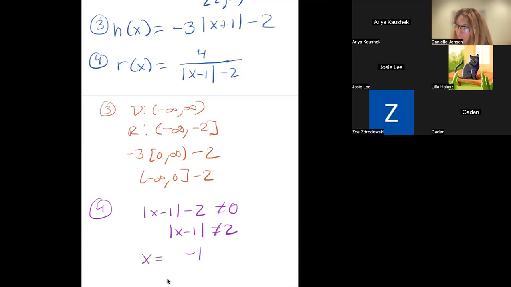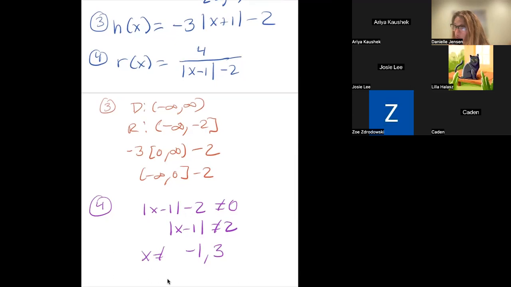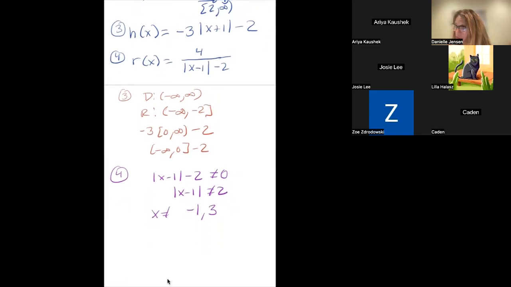Yes, x cannot be negative 1, because the absolute value of negative 2 is 2. That's a problem. And 3 would be the same. So there are two things x could not be. So the domain is negative infinity to negative 1, negative 1 to 3, and then 3 to infinity. Perfect.